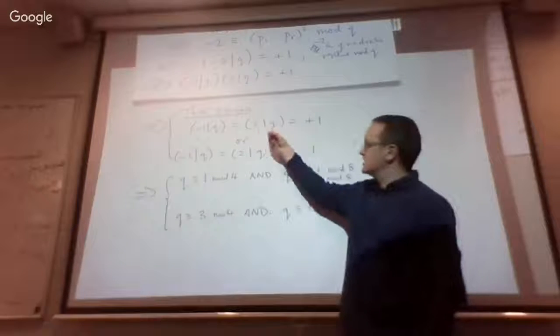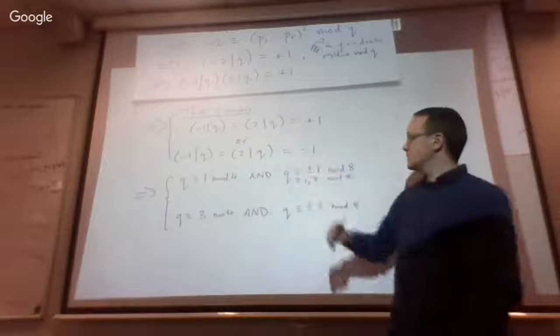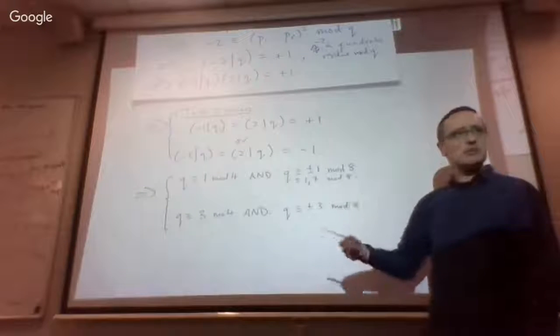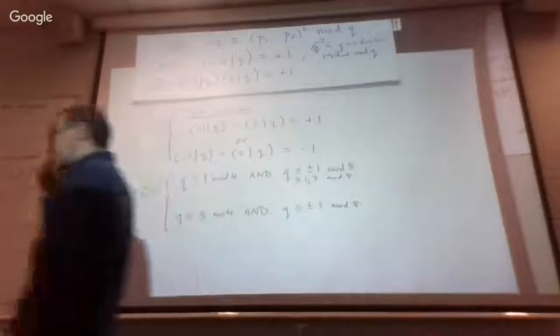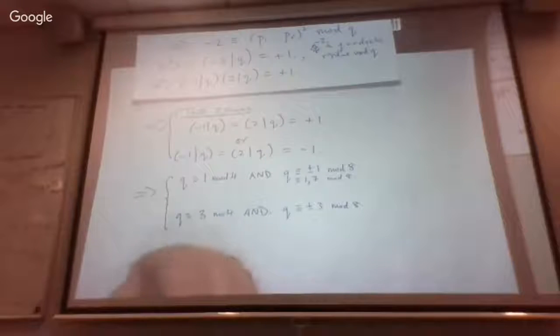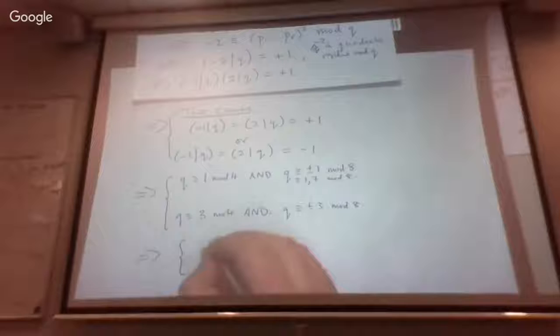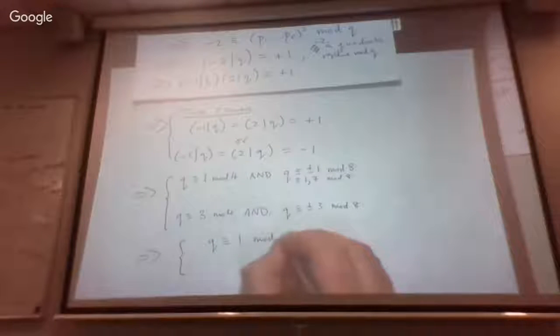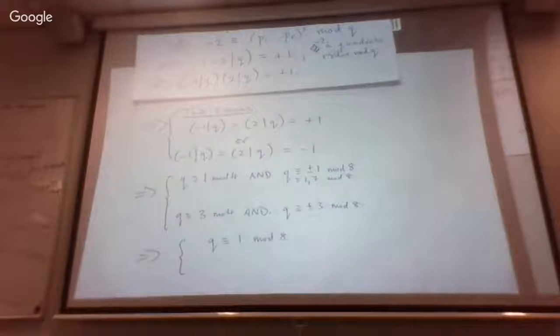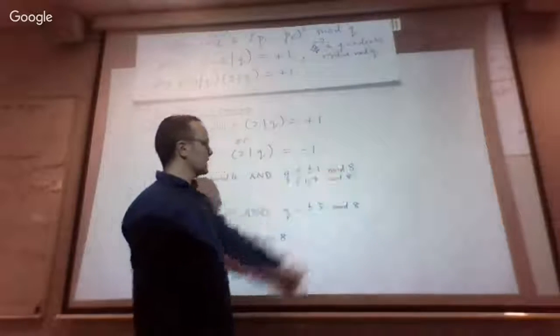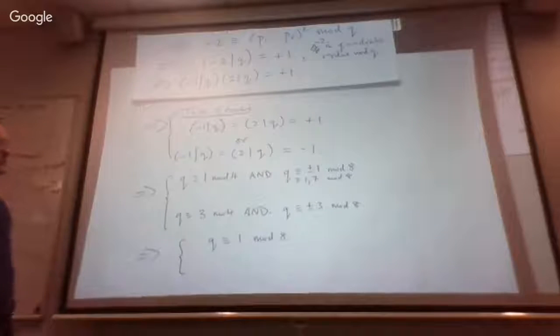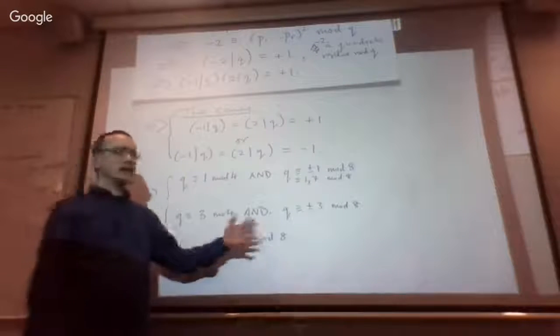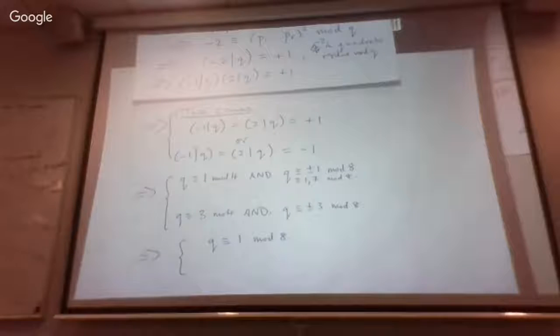Remember, the 7 mod 8 is coming from the separate condition that the Legendre symbol of 2 is equal to plus 1. But 7 mod 8 is 3 mod 4. So it must be that q is congruent to 1 mod 8. Everything that's congruent to 1 mod 8 is congruent to 1 mod 4.